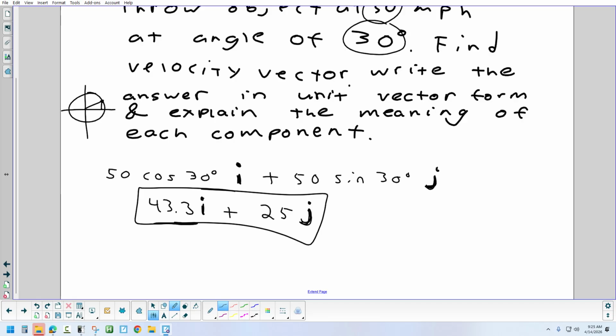Anyone else have an idea what the 43.3 is? Could it just be the x component of the velocity? Okay. So explain to me what that means in real life in this problem.